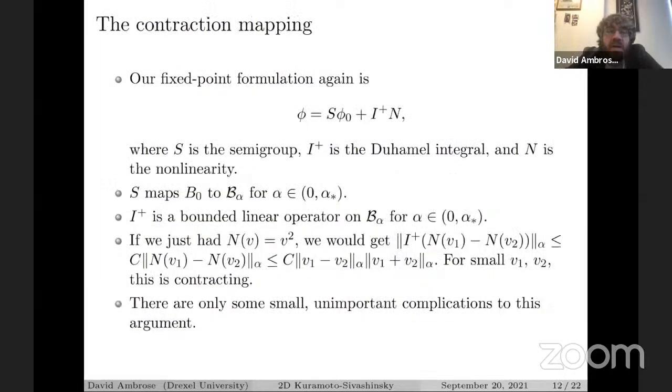And with the estimates on S and I plus, where S is the semigroup and I plus is the Duhamel integral, then if your nonlinearity is superlinear, like I said, like V squared, which is quadratic for Kuramoto-Sivashinsky, and you have an operator estimate for the Duhamel integral I plus, and we are able to do that in the Wiener algebra, then when you do your contraction estimate, you need to look at I plus of N of V1 minus N of V2. You get a difference V1 minus V2 from the quadratic behavior of N. And then if V1 plus V2 is small in alpha, then you can get this to be a contraction.